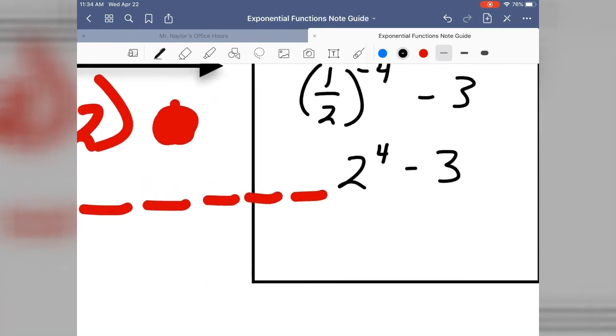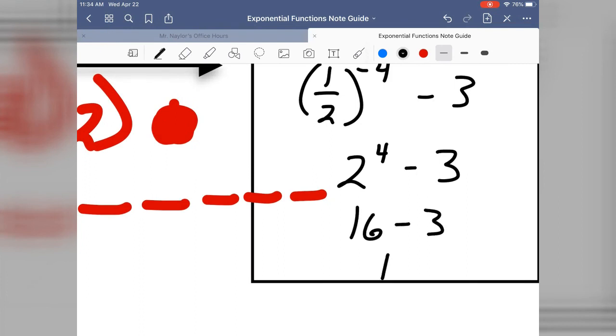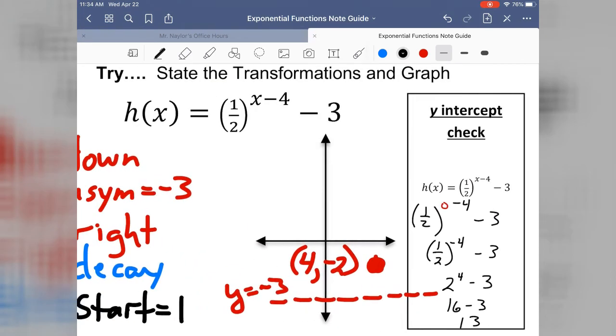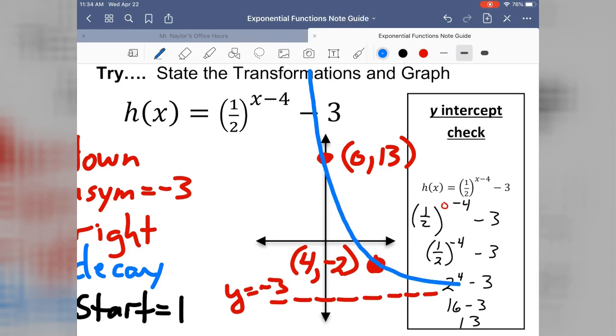Now 2 to the +4 is the same as 16. And of course 16 minus 3 is 13. Now that was a little bit new, but what that does is that allows us to mark a point on this graph as a y-intercept, specifically as 0, 13, where we can draw a decay graph that passes through these points as it approaches the asymptote.